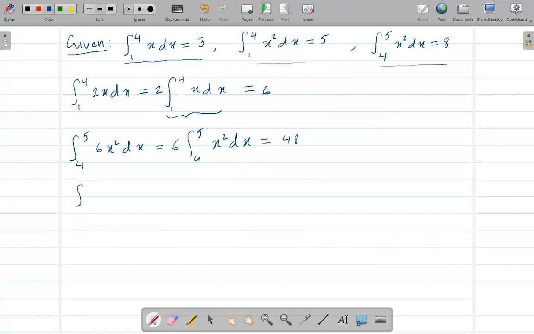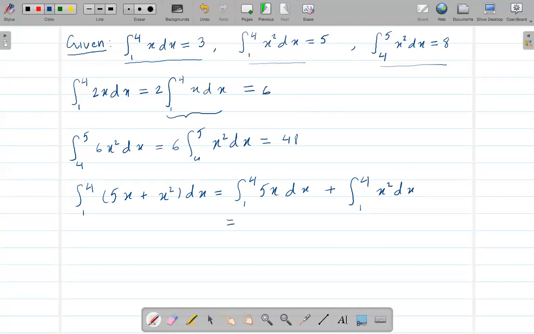Similarly, let's say from 1 to 4 of 5x plus x squared dx, I can also say this is the same as integration from 1 to 4 of 5x dx, plus integration from 1 to 4 of x squared dx, right?